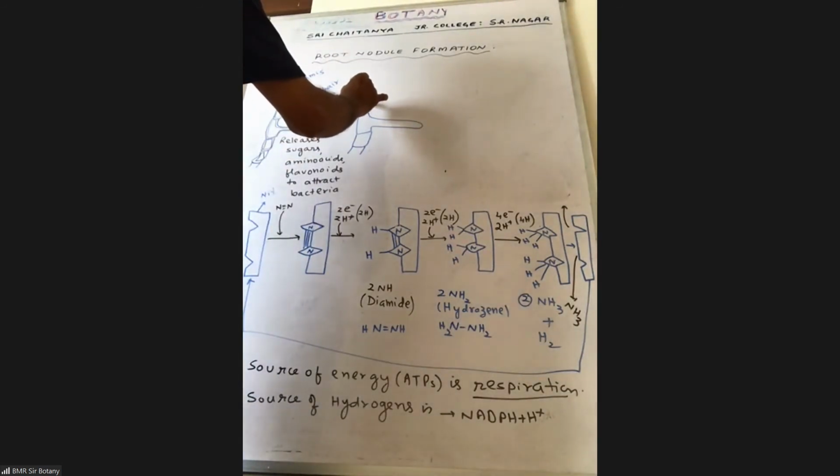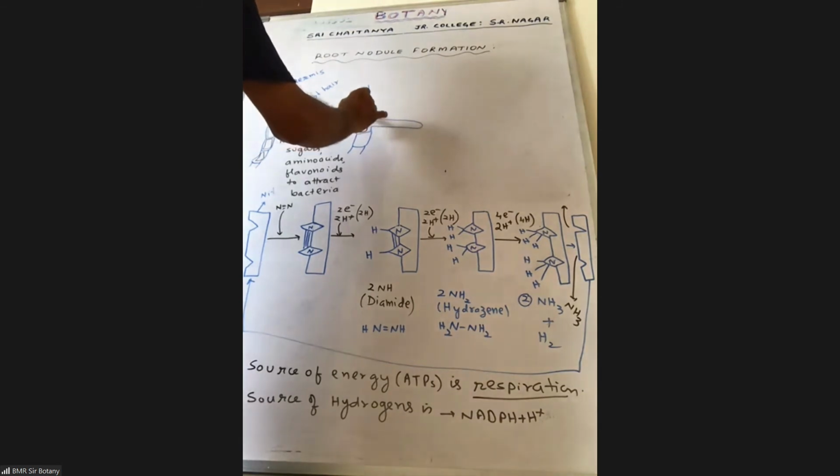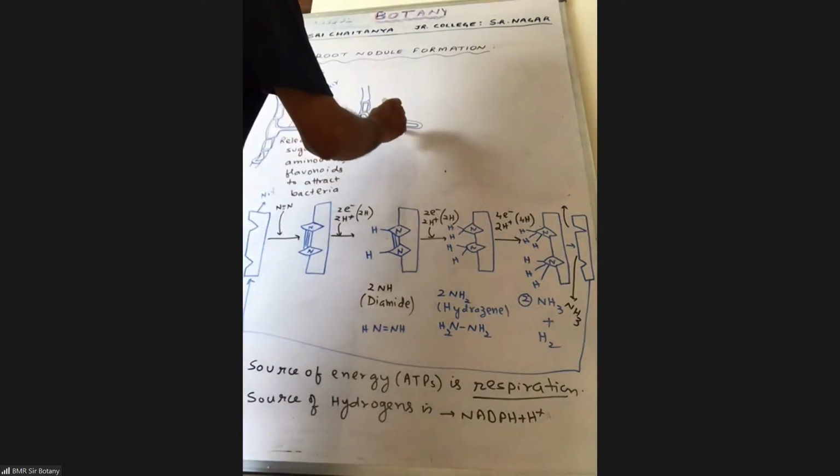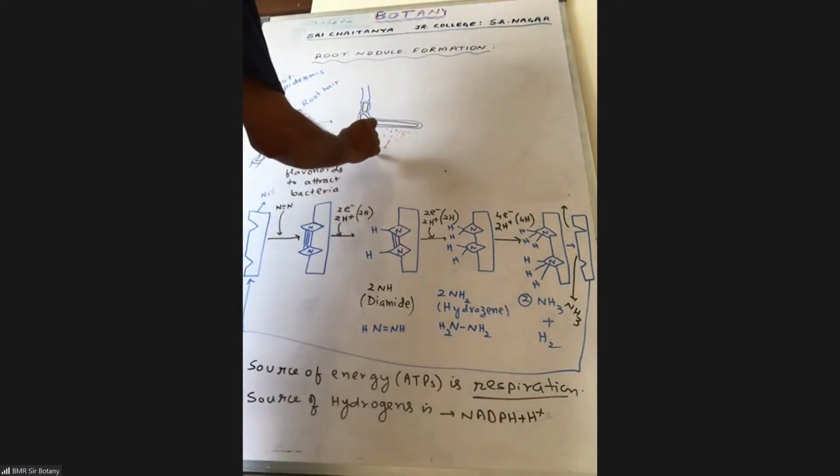Better draw the root hair a bit big. Cell wall, beneath is cell membrane. So Rhizobium bacteria accumulate here, from the soil.